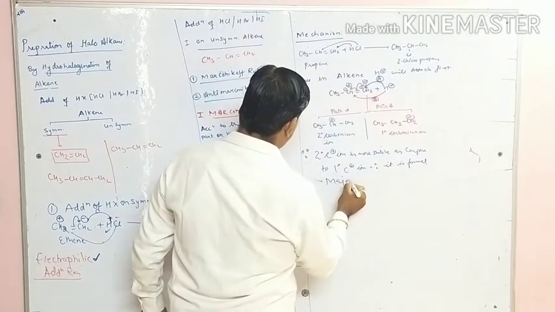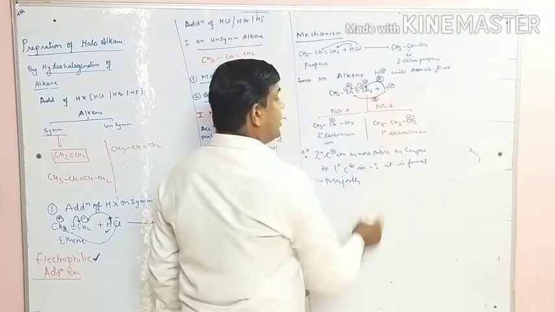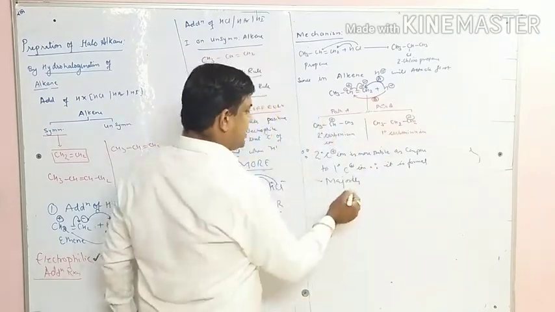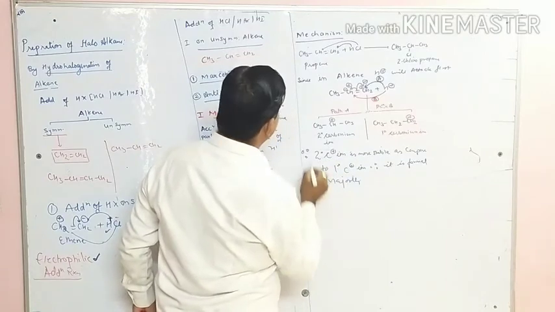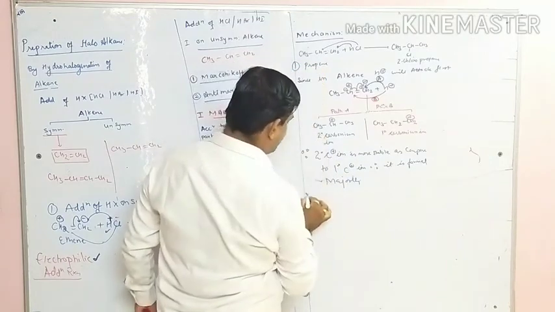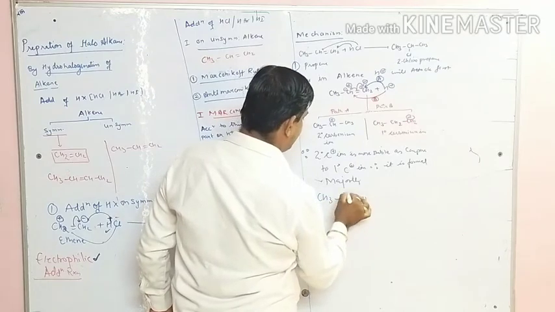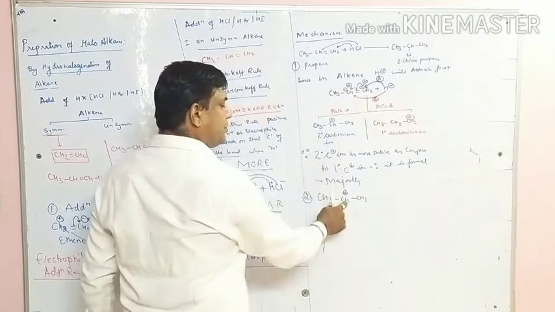Remember students, I am not saying that this will never form. It will form in a small quantity, but it is going to form in the major quantity, majorly. That is this point. We have made it clear that this is going to form in the major content.